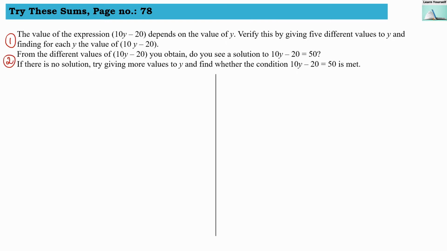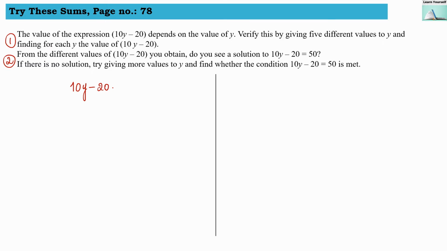In the first, we have to find the values for y from this expression 10y minus 20. We have to suggest 5 different values and see what value we get for this expression.